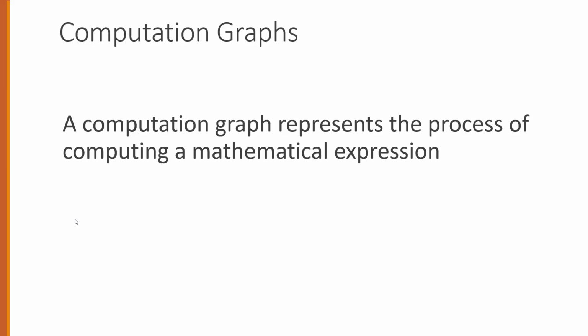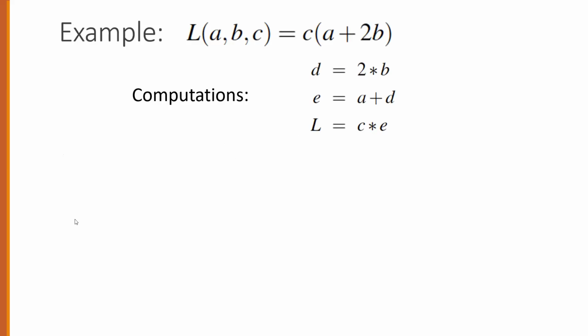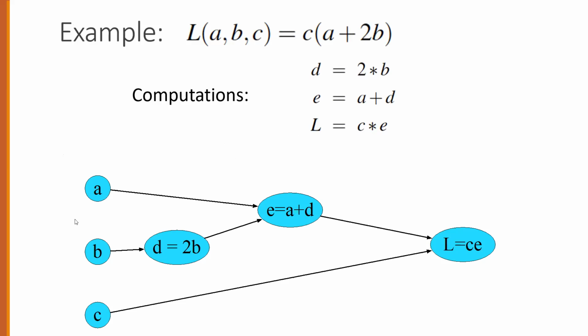A computational graph is a representation of the process of computing a mathematical expression in which the computation is broken down into separate operations, each of which is modeled as a node in the graph. Consider computing the function L(a,b,c) = c(a + 2b).